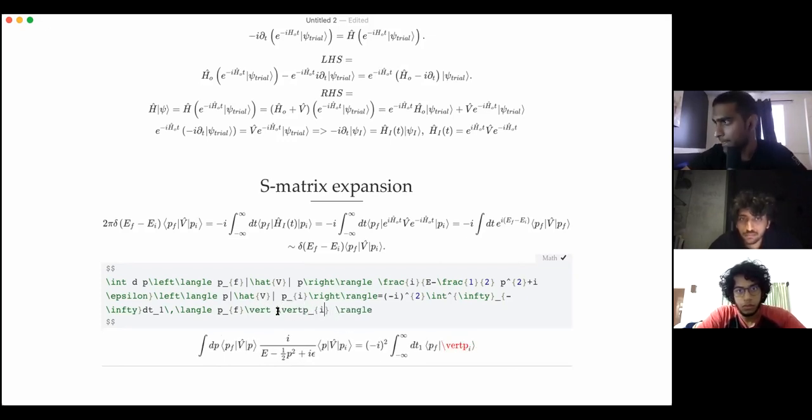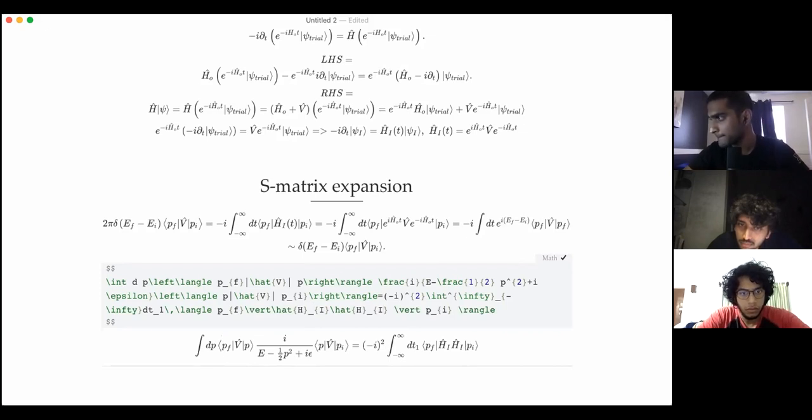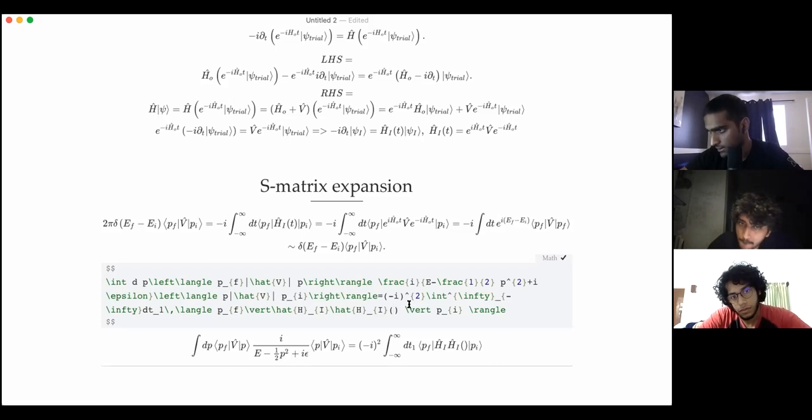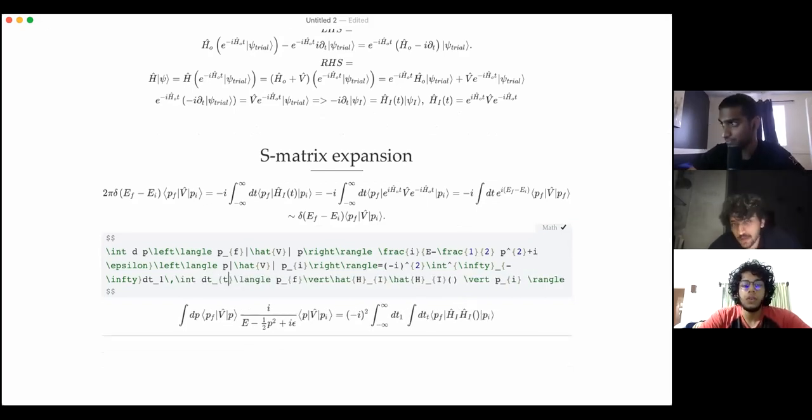But now we're going to have two factors, HI HI, because this is going to be the second order term in the series. Then what's going to happen is that this is going to be t. Oh wait, I've missed out on an integral. So right here we had dt1, and we're also going to have a second integral, dt2.